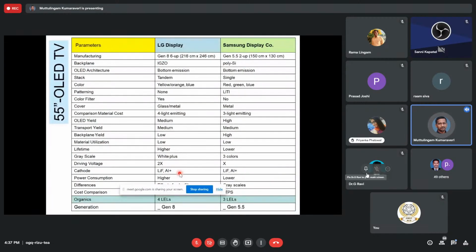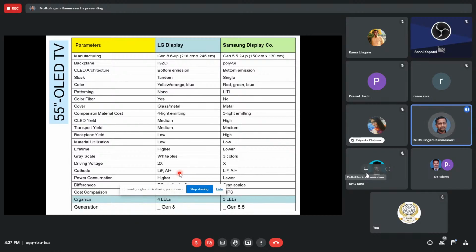There are different methods suppliers use for making OLED TVs, and there are some important parameters we are going to see here. These are the two main manufacturers of OLED TV, LG Display and Samsung Display.